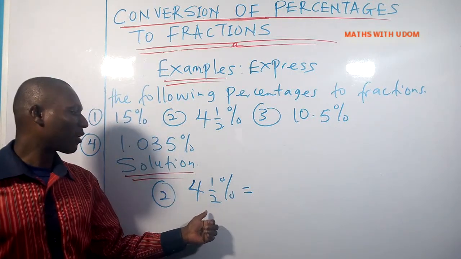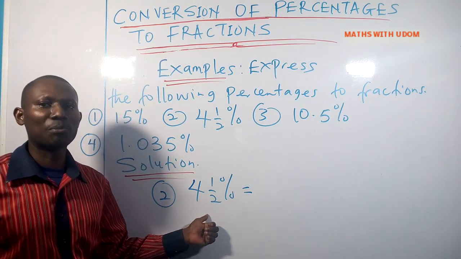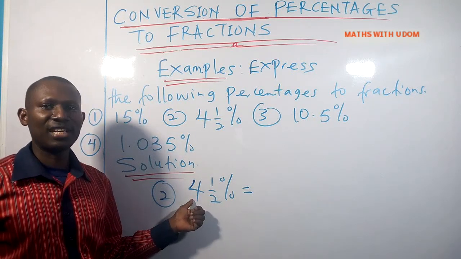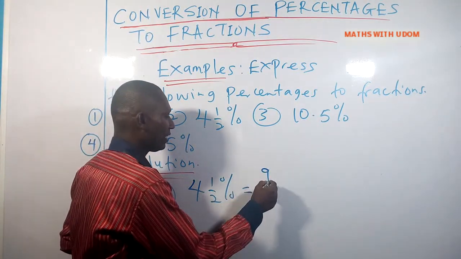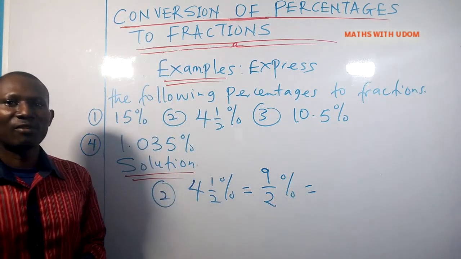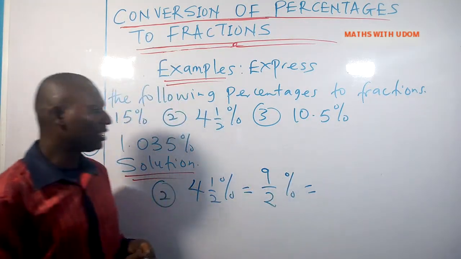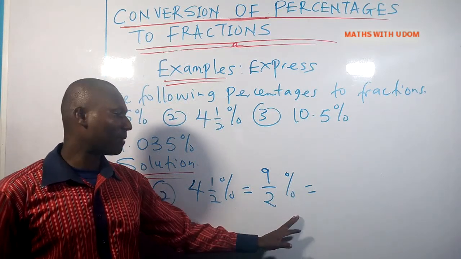Can we quickly convert this mixed fraction into an improper fraction? Yes. 2 times 4 is 8, plus 1, 9 over 2. So we have 9 over 2%. We want to change this into a fraction. It's in percentage.